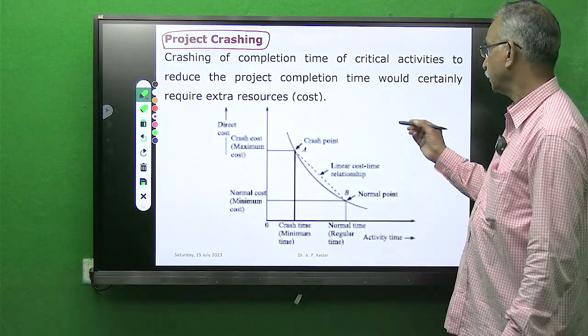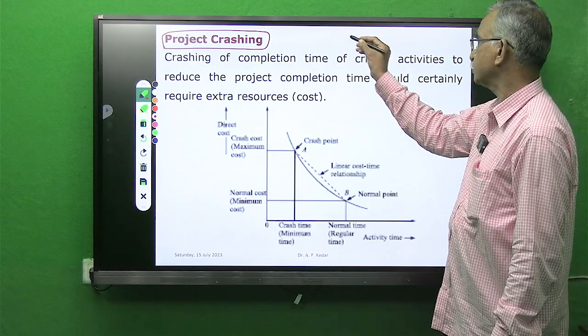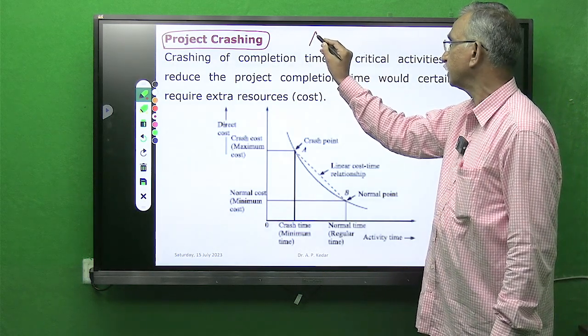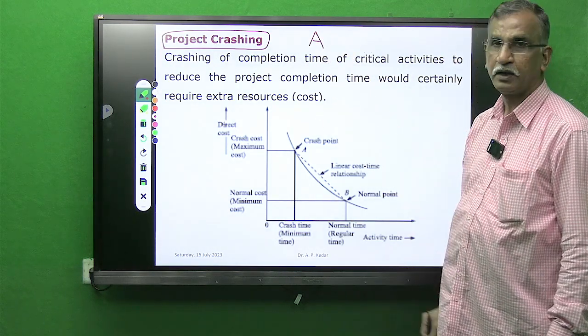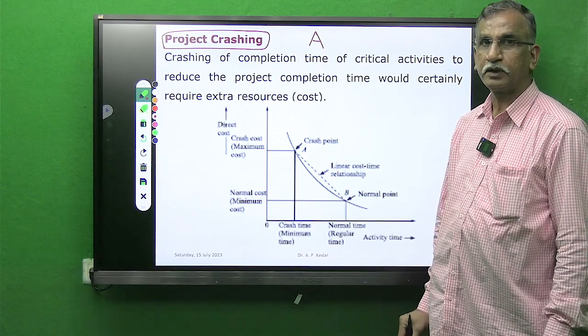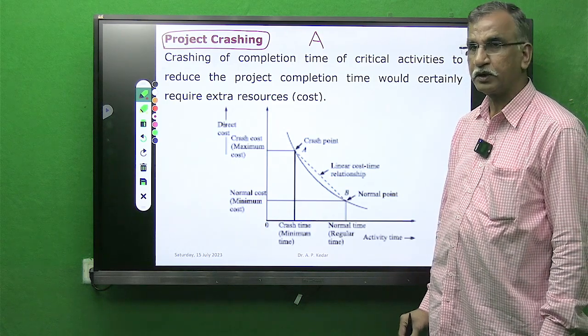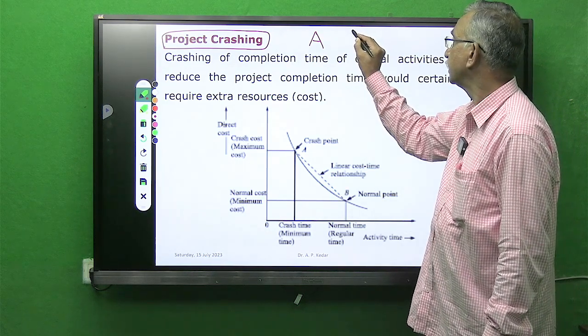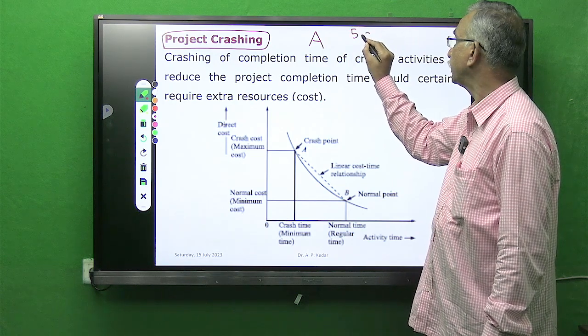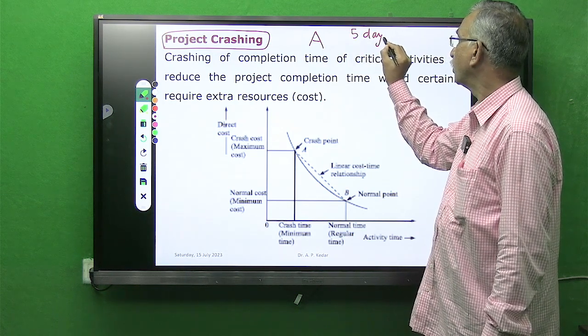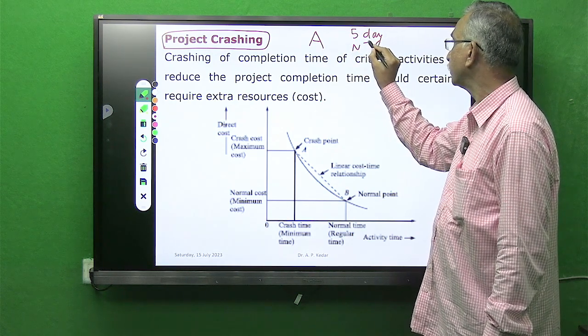For example, suppose there is an activity called A, and that activity takes 5 days of normal time.